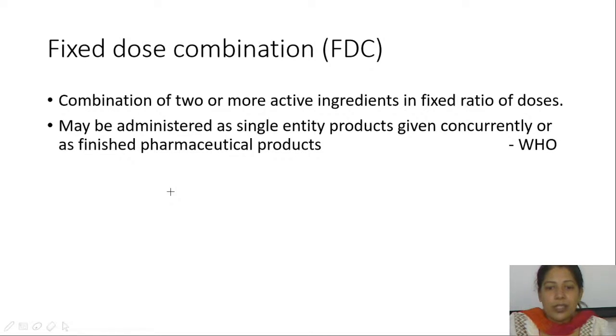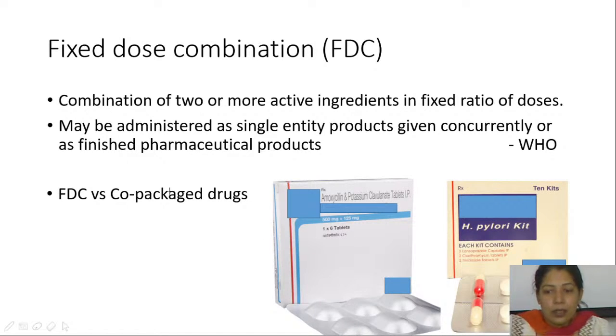It may be administered as single entity products given concurrently or as a finished pharmaceutical product. By this I mean it is either a co-packaged drug wherein 3 different drugs are packed together for convenience, or in a single tablet or capsule itself there are 2 active ingredients. Traditionally, by default, this is taken as a fixed dose combination.